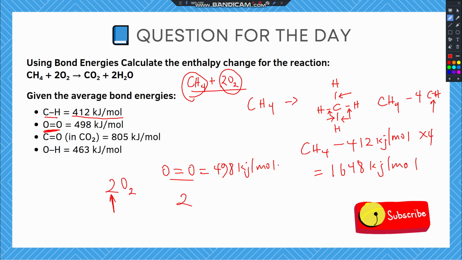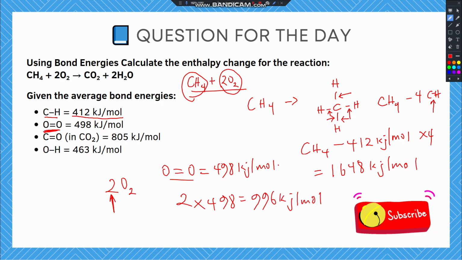So we have 498 kilojoules times 2, which gives us 996 kilojoules per mole.